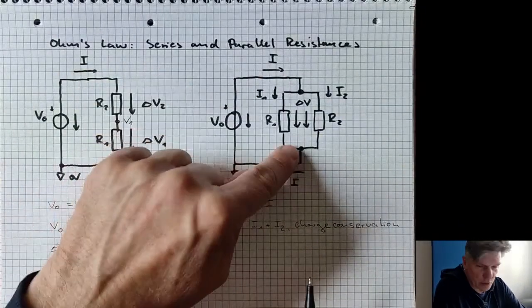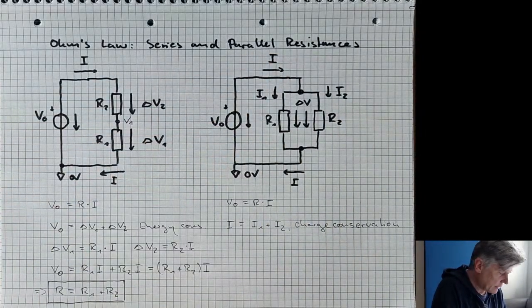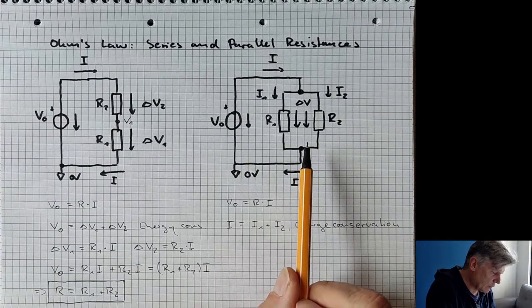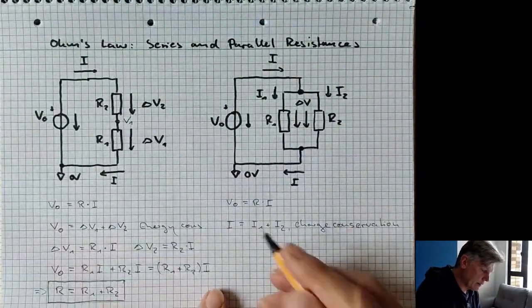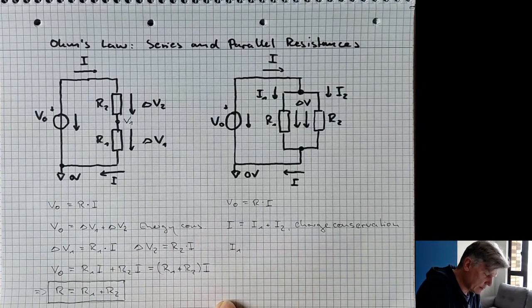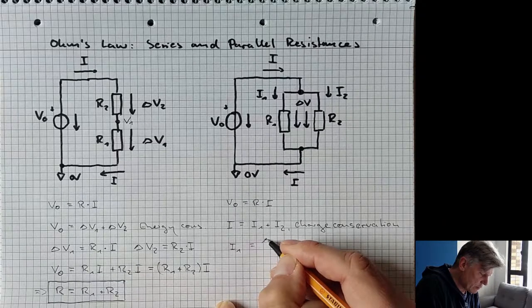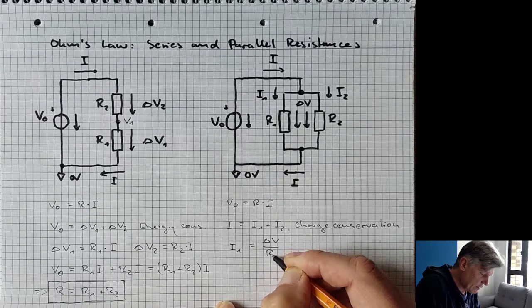So you are not destroying electrons while they are roaming around. Good. Now, let's have a look at this I1. So the current running through resistor 1 is the voltage drop across the resistor 1 divided by resistor 1.